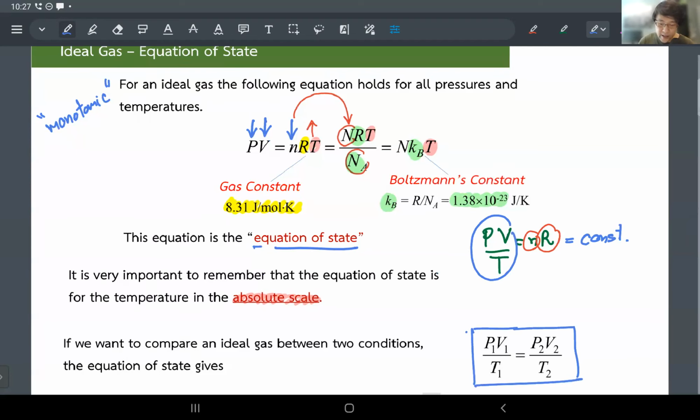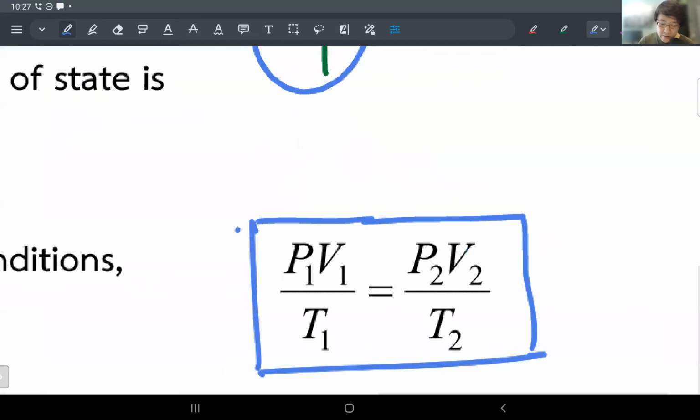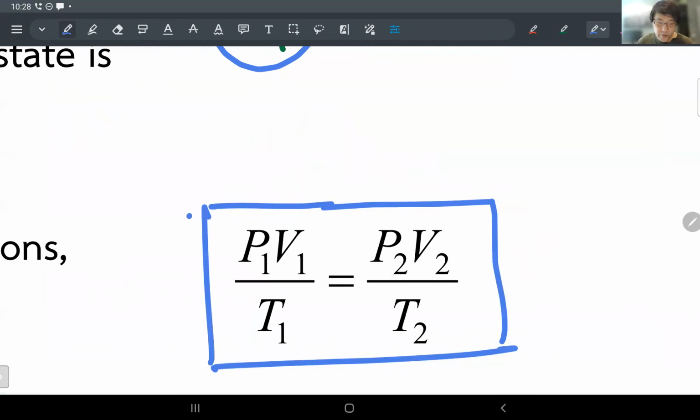Sometimes you see something like this: P1 V1 over T1 equal to P2 V2 over T2. If you want to memorize this, it's a boring relationship, but now we understand it, because the right side is just the number of moles multiplied by a constant.